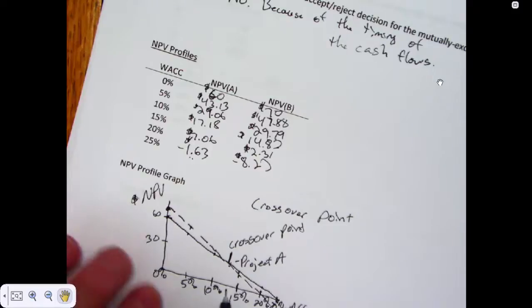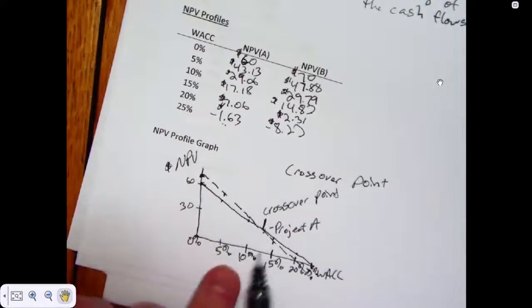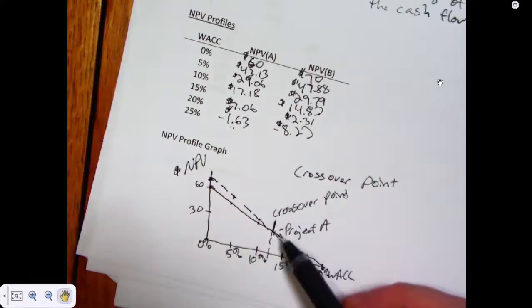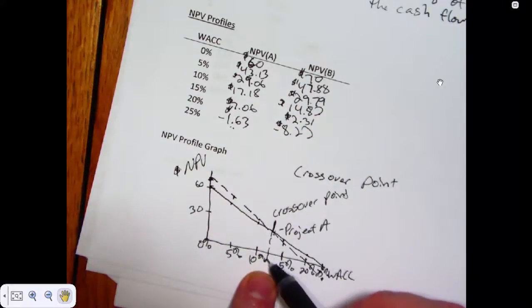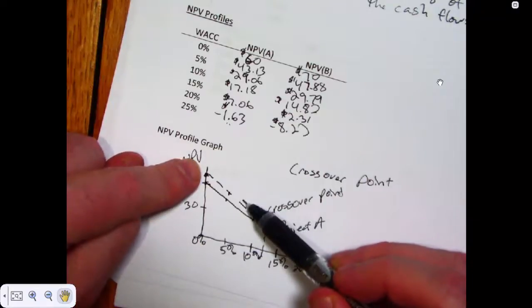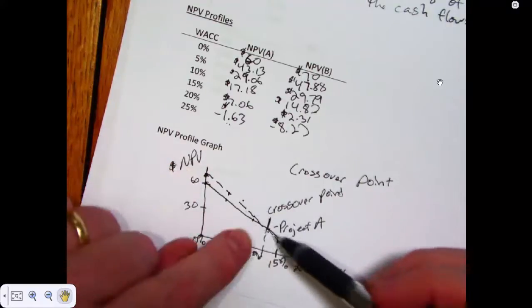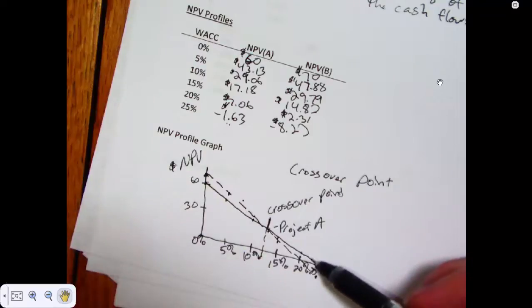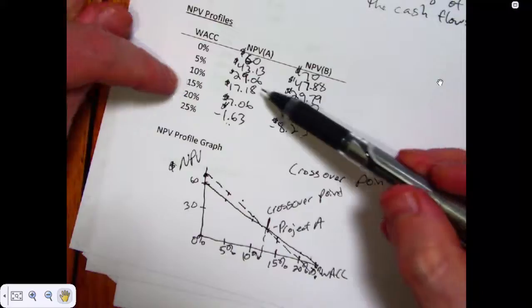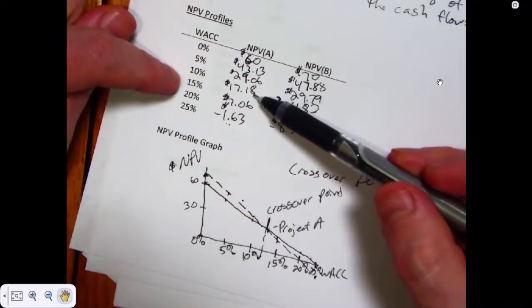So below that crossover point, if the weighted average cost of capital is less than this amount, we would choose Project B, the dashed line. If it's above this amount, we would choose Project A. And we see that up here.